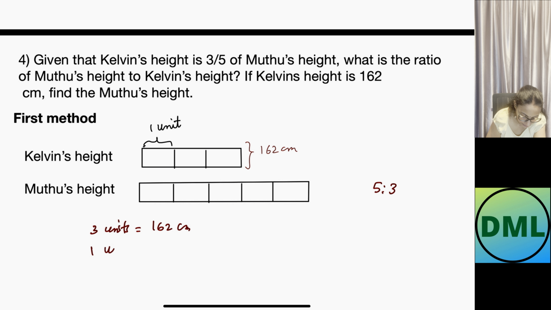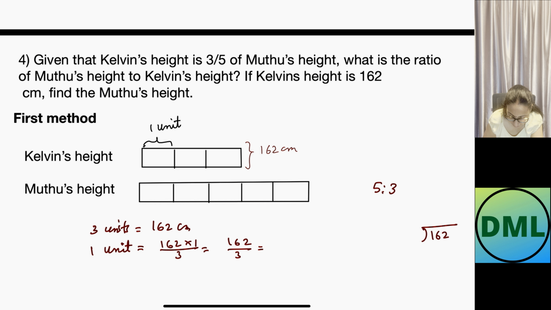I need to get the answer for 1 unit. We will multiply 162 times 1 and divide it by 3, which is equal to 162 by 3. If you divide 162 by 3, 1 is smaller than 3, I can't divide it.